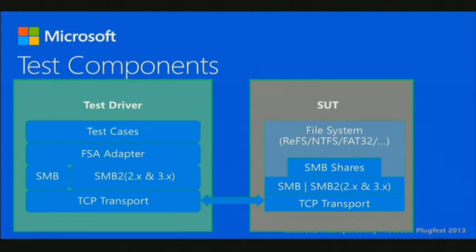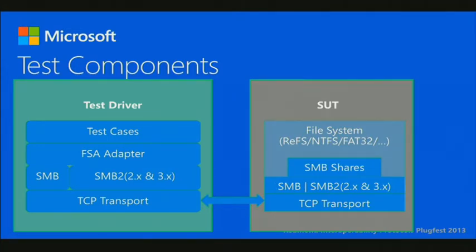This is the construction of our typical test cases. In this diagram, our test case will send SMB or SMB2 messages through the FSA adapter, which will contact the remote server through the TCP transport.